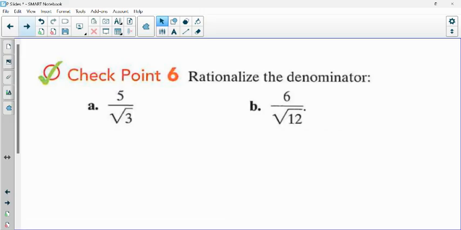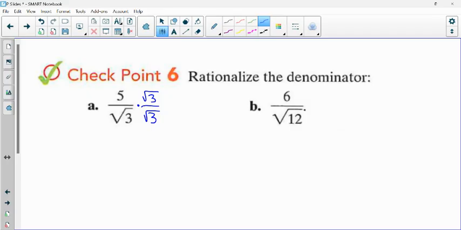So for 5 divided by root 3, our radical is the square root of 3. Again, we multiply top and bottom by whatever radical is in the denominator. Root 3 is in the denominator. I'm going to be multiplying both the numerator and denominator by root 3 over root 3, because again, root 3 over root 3 really equals 1. We're not changing its value.